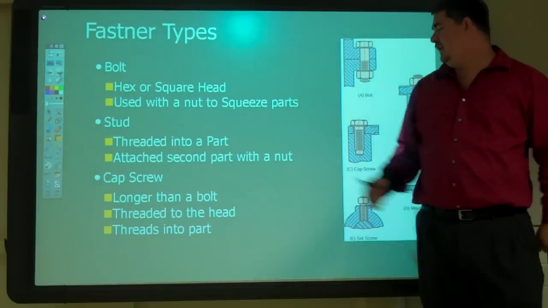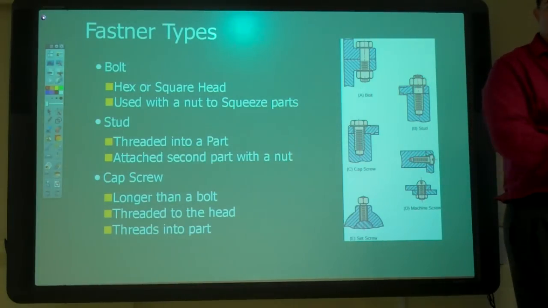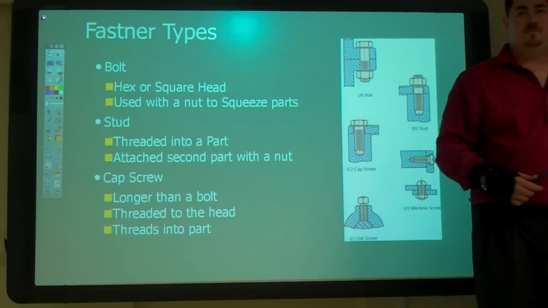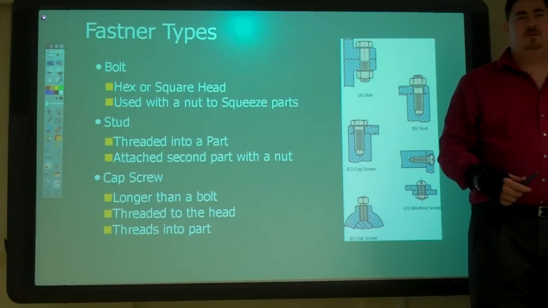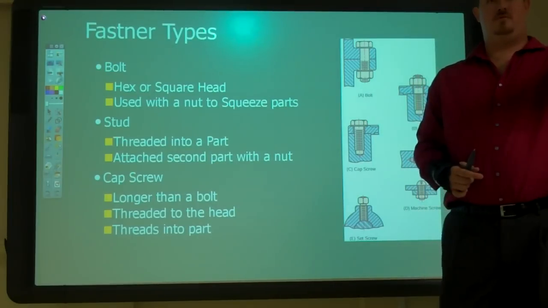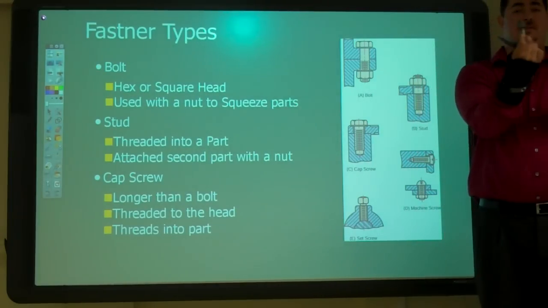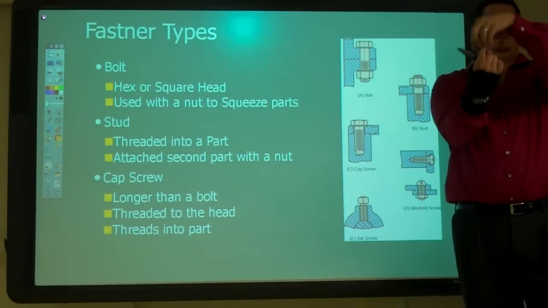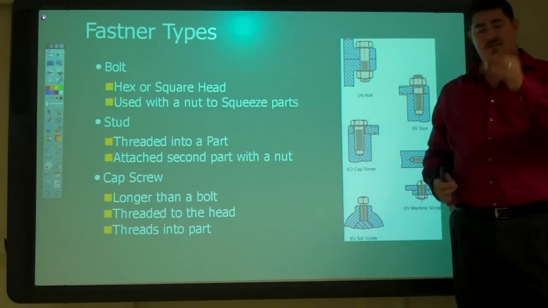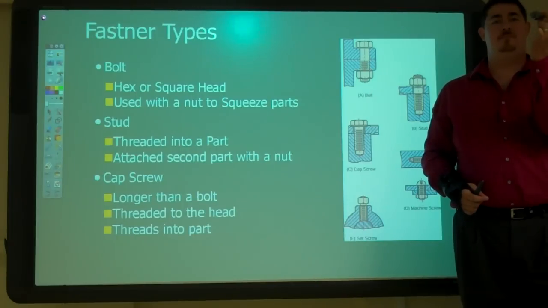And then what's a stud? So a stud is like this. Threads on two sides, so you can thread it into one place and have other threads for a nut to go onto. Do the threads on both sides have to be the same?